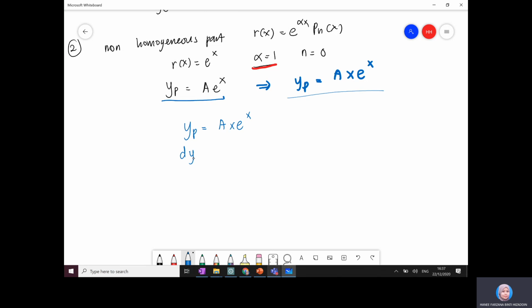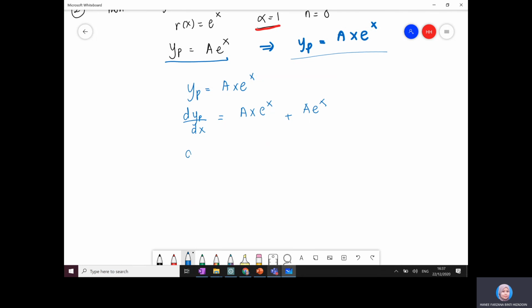Then we find out what is dyp/dx. For this one you need to do the product differentiation, and then differentiate for the second derivative. dyp/dx is A x e^x plus A e^x. Then your second derivative is A x e^x plus 2 times A e^x.